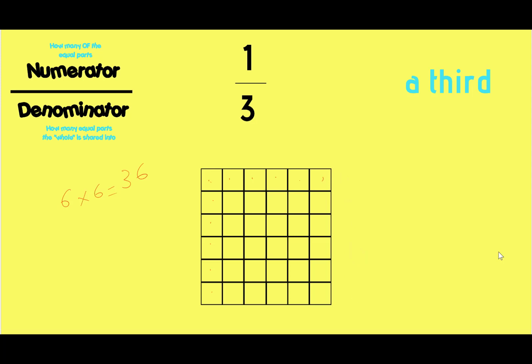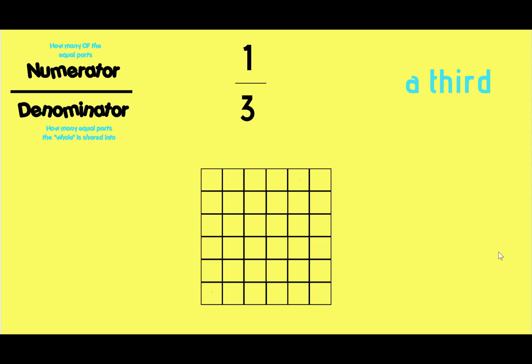So I have 36 squares in this grid, and I want to share it into 3 equal groups. Okay, if I share my 36 into 3 equal groups, I would have 12 in each group, and that's because I'm using my times tables.